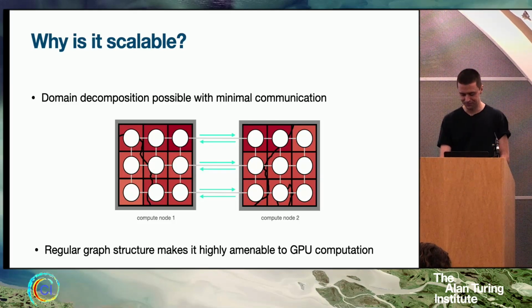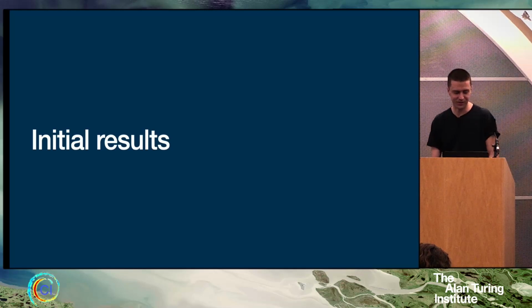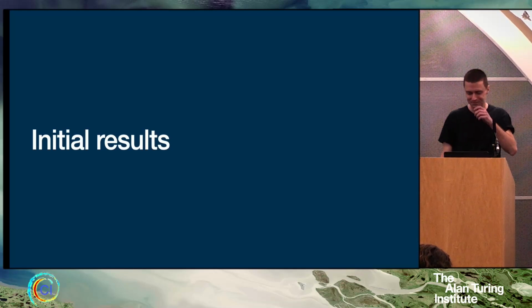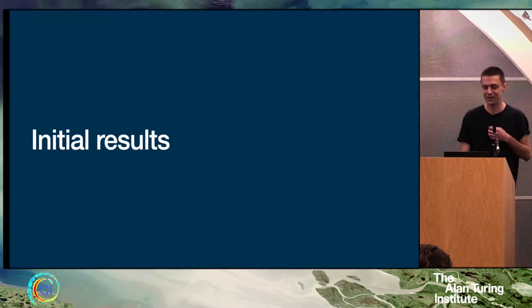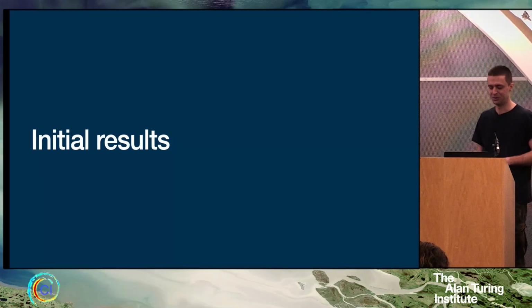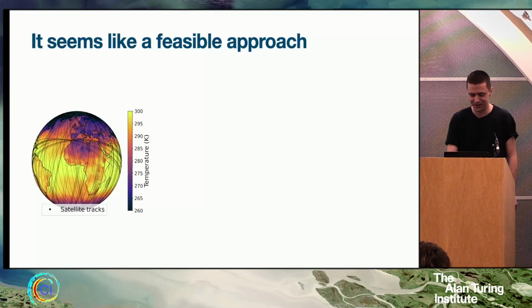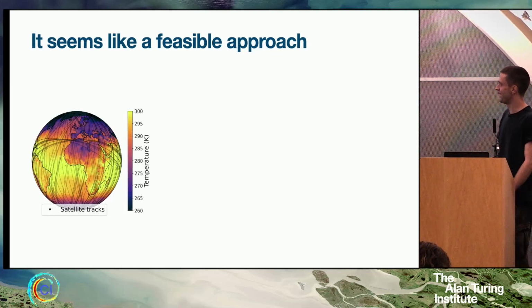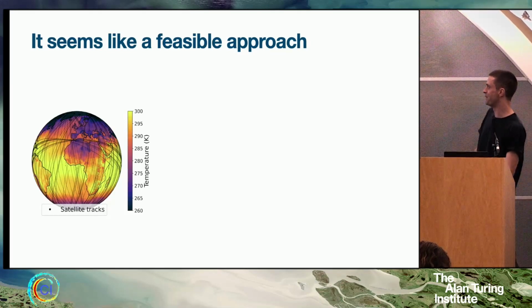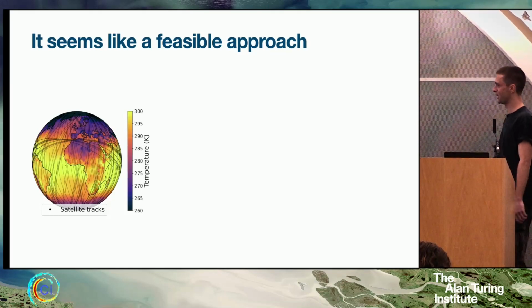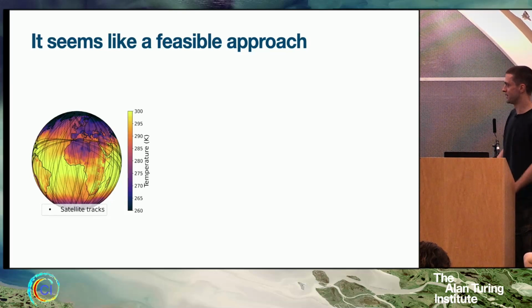All right. Finally, here are some initial, slightly toy results to see if it works at all. The headline is that it seems like a feasible approach, although we've only looked at this really simplified setting.